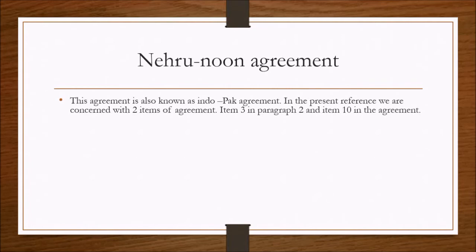Okay, let's talk about the Nehru-Noon Agreement. This agreement is also called the India-Pakistan Agreement. In this present agreement, we are concerned with two items of the agreement, that is item number 3 and item number 10 in the agreement. I am explaining the agreement with the previous map.